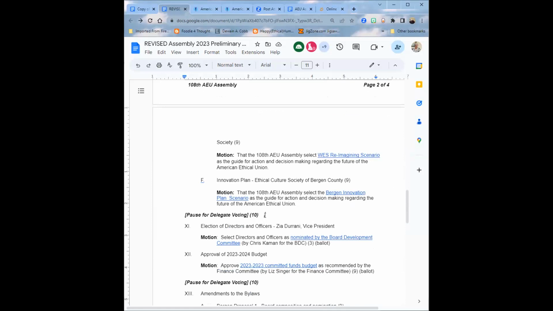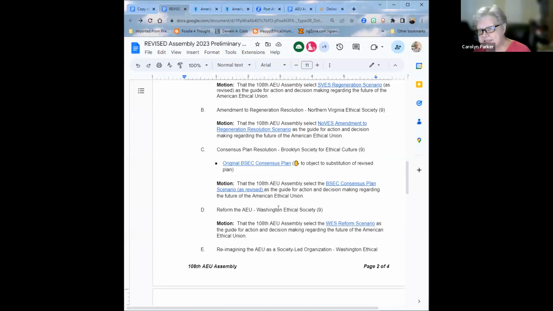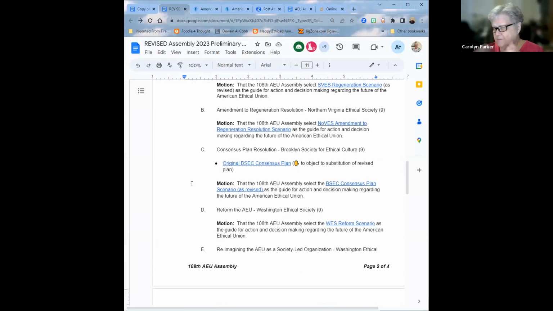It seems to me that the Brooklyn scenario should probably be before the West motion for a second assembly, because if the Brooklyn scenario passes, West would withdraw their motion, as I understood that, but I could be wrong. We did look at those possibilities, but there were enough conflicting, opposing perspectives in what the various resolutions and motions might do.